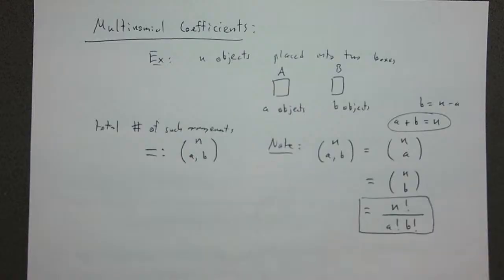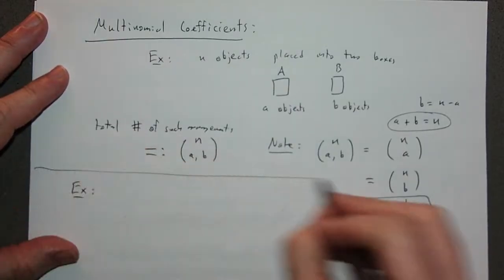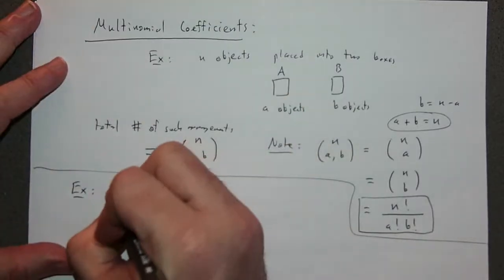Now, to see that we can generalize this just a little bit, what if instead I have n objects placed into 3 boxes?